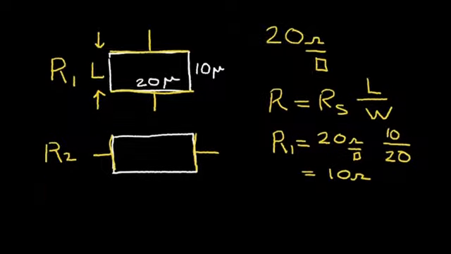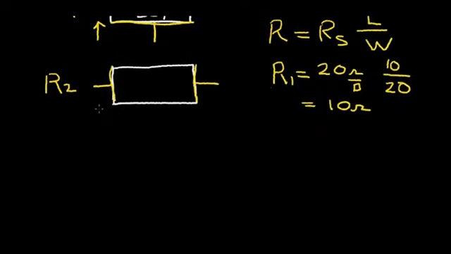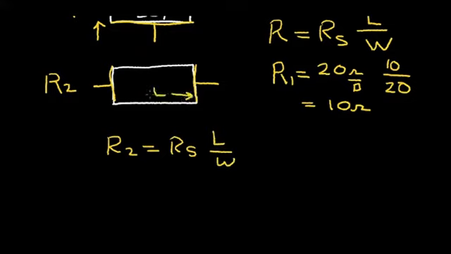Let's do the same for resistance R2. So R2 again is equal to the sheet resistance times the number of squares, length over the width. Now here the length is this dimension. It's the direction that the current flows.